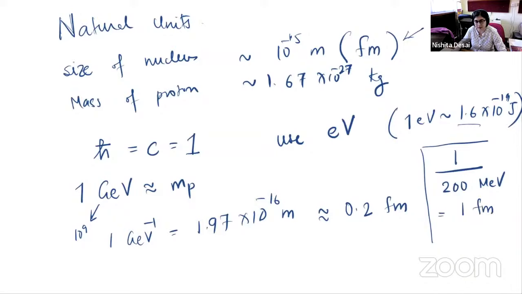What this tells you is that the energy you would need to break apart a nucleus and look inside would be something like this. So this would be the number. This kind of conversion is also useful because in the same go, it tells you what kind of energy you need in your system to be able to see what is going on inside. Okay? So that's natural units.